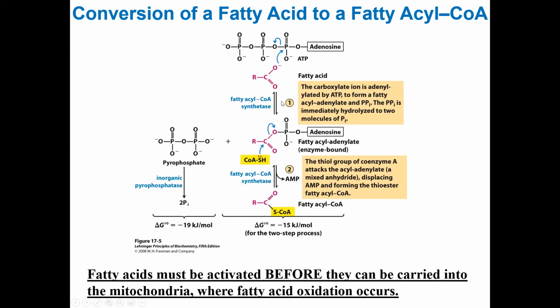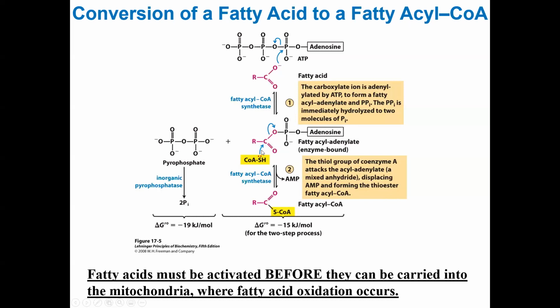So in the first step, which is catalyzed by fatty acyl-CoA synthetase, you form pyrophosphate and fatty acyl adenylate, right? Fatty acyl adenylate. That fatty acyl adenylate remains bound to the enzyme.